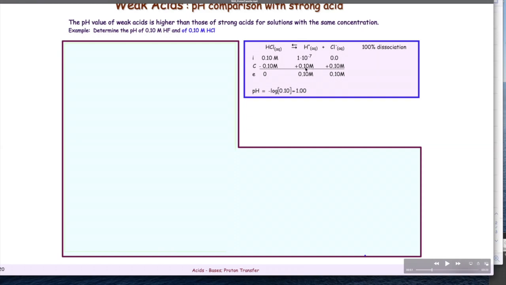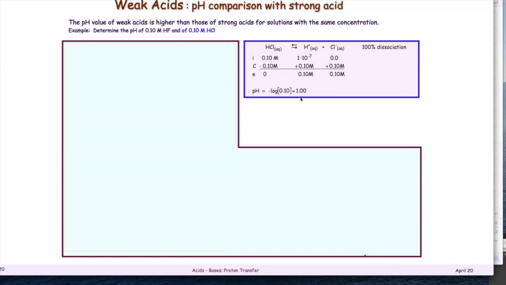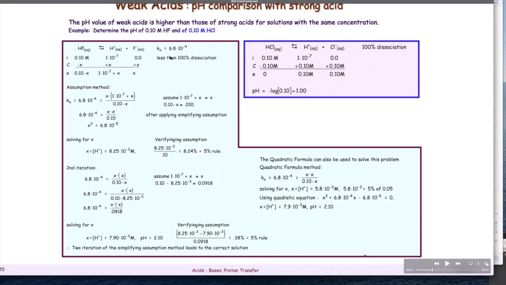And the pH of 0.10 molar is 1 times 10 to the minus 1, so that'll be a pH of 1. But that's totally different from hydrofluoric acid, because if you have hydrofluoric acid, you have to work out the equilibrium problem.